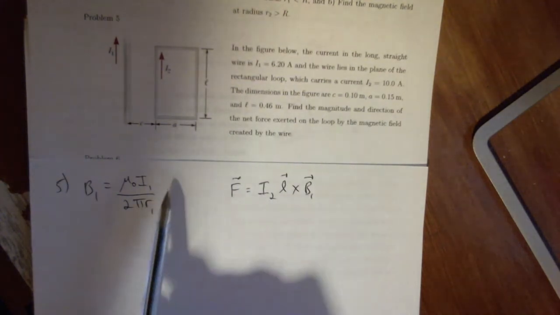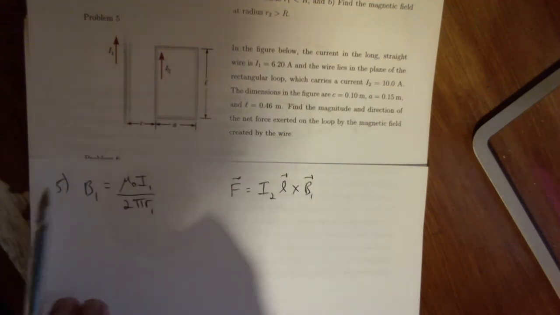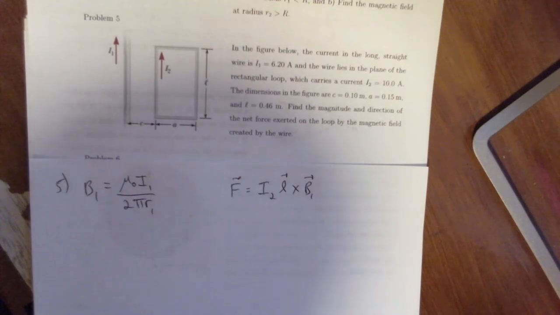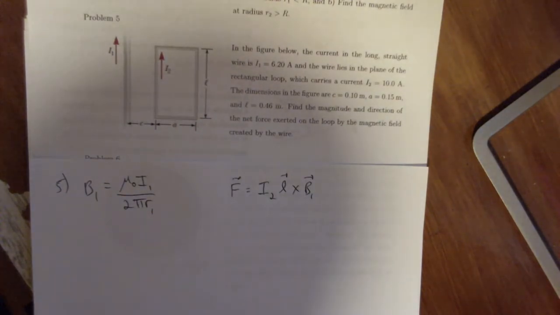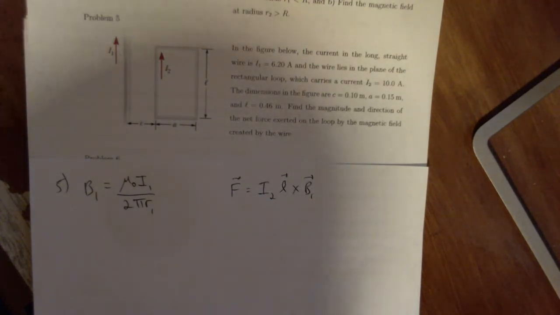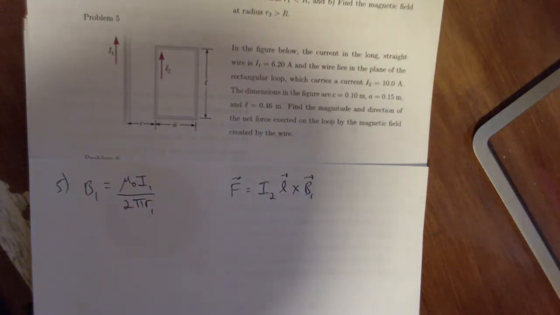We're going to add all of the forces on all parts of this loop to get the total force on the rectangular loop. And I know from memory that two of the forces are going to cancel. How would you know that? Well, just always find the direction when you're dealing with a vector.